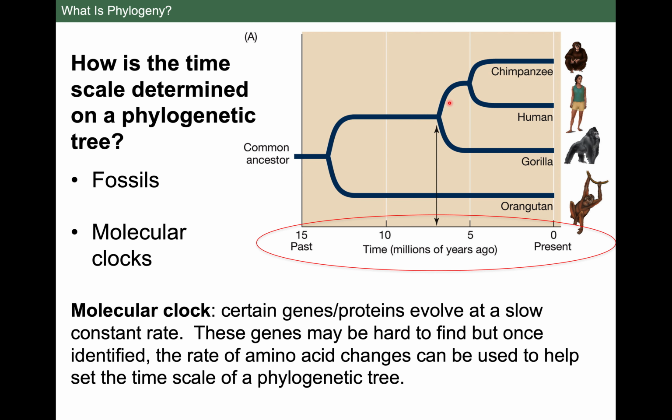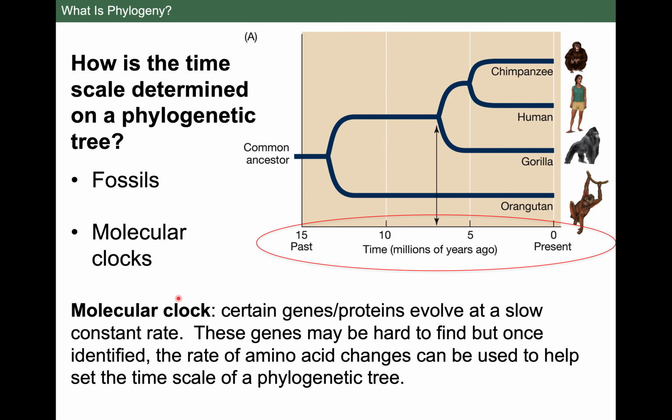And another more modern way to do this is using what are called molecular clocks. And this would only be possible if you have some genetic data on these different organisms. But basically, what a molecular clock is are specific gene or protein amino acid sequences that have been identified through a lot of research to change at a very slow, steady rate over time.